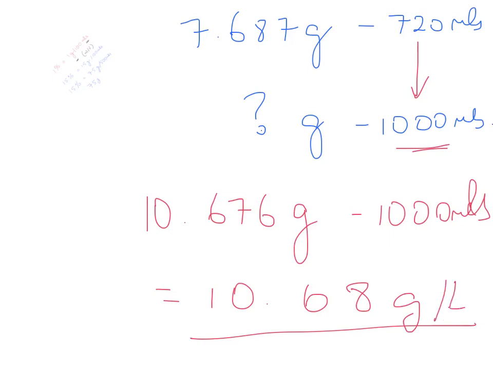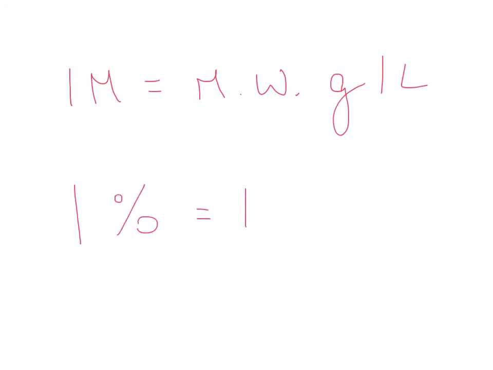So I'll leave it at that, with 6 to 10 answered in this tutorial, and we'll look at the next few in the second tutorial. Hope this helps you in some way. Reflecting on it, the two equations I'd really tell you to memorize at this point are that 1 molar is equal to the molecular weight in grams per litre, and the other one, that 1% is equal to 1 gram in 100 mil.